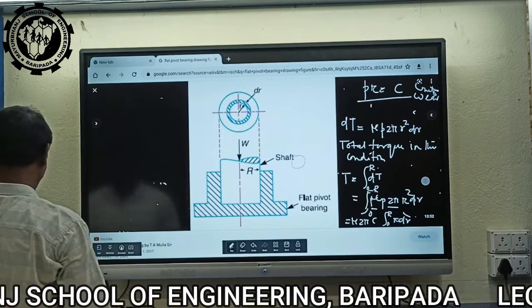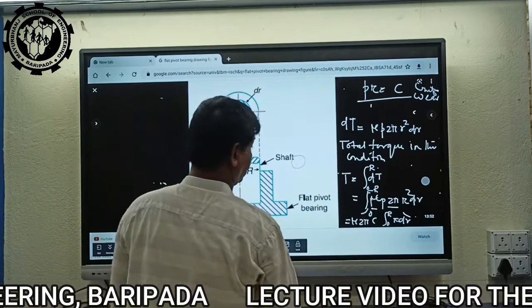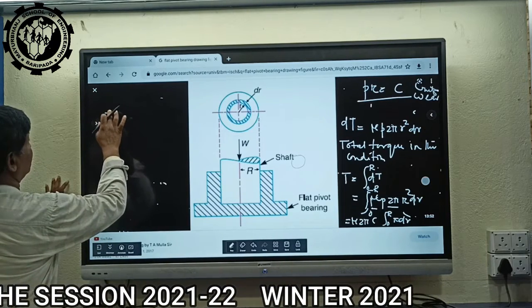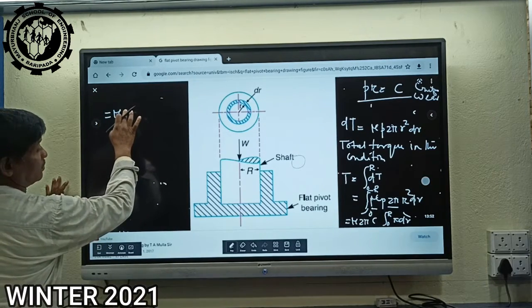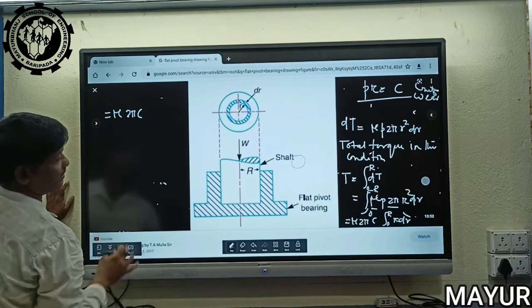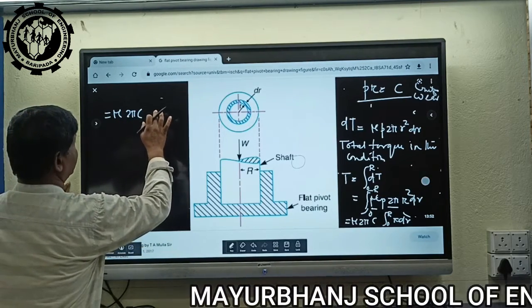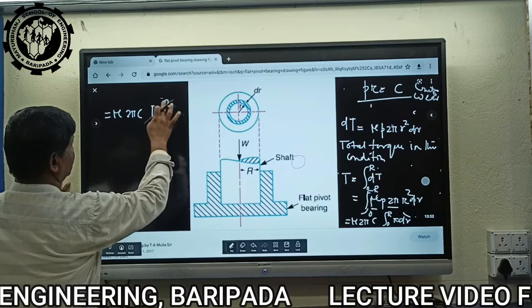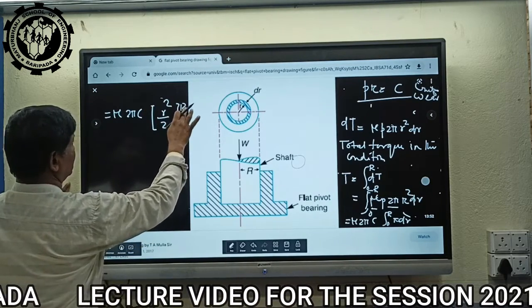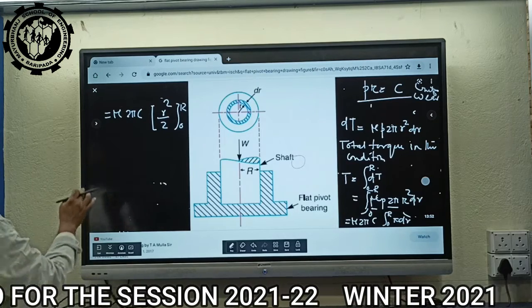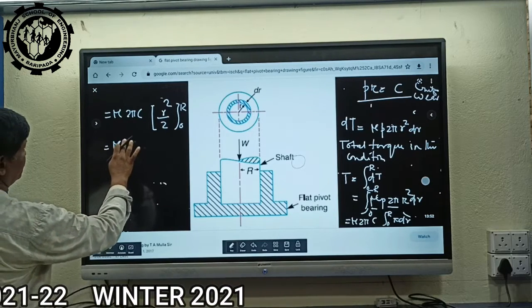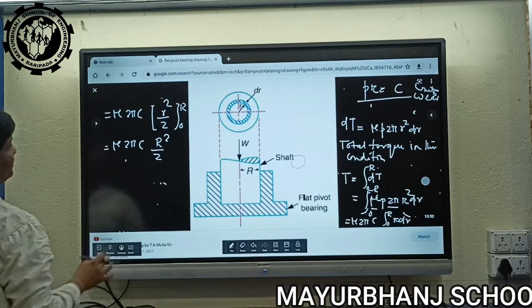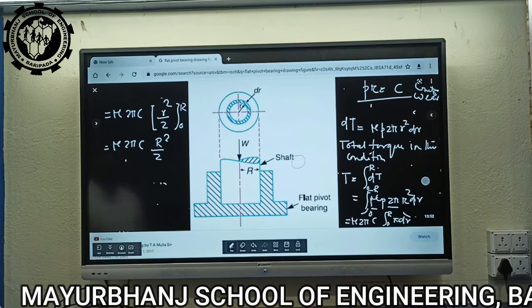So putting the value of mu 2 pi C R dr, the integration is R square by 2, limit 0 to R, that is mu 2 pi C R square by 2.